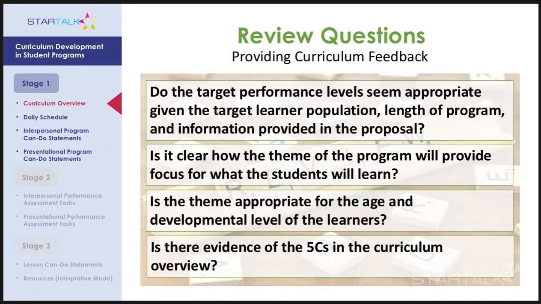Are those performance levels clearly identified, and do they seem appropriate? Is it clear how the theme of the program provides focus, the context and purpose for what the students will learn? Is that theme appropriate for the age and developmental level of the learners? And finally, is there evidence for the 5 C's in the curriculum overview?